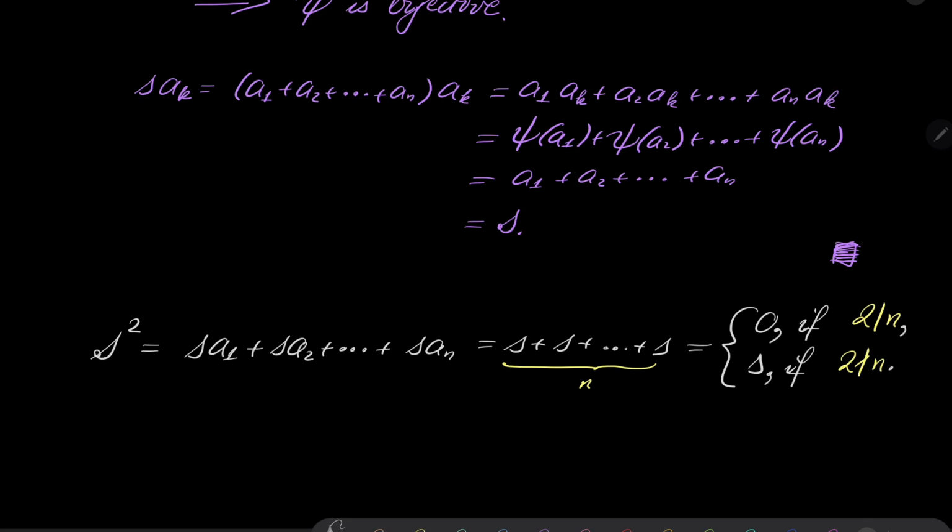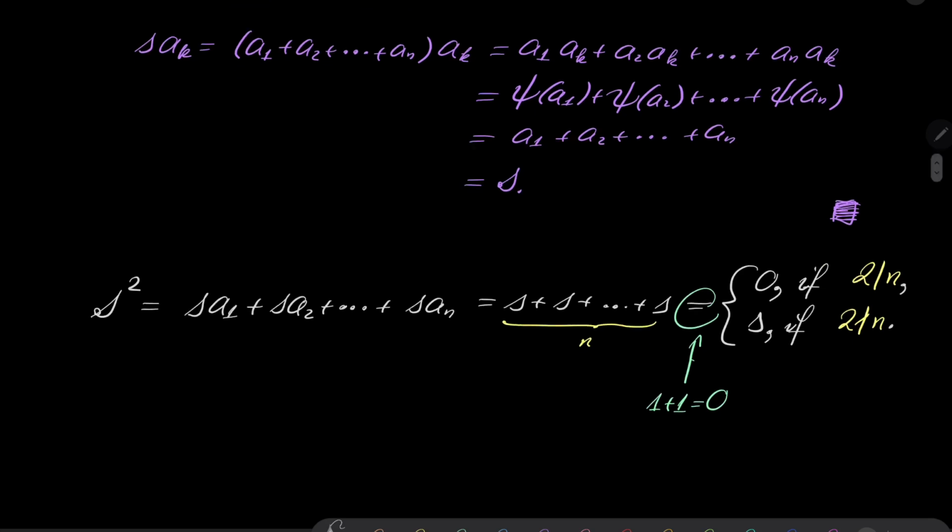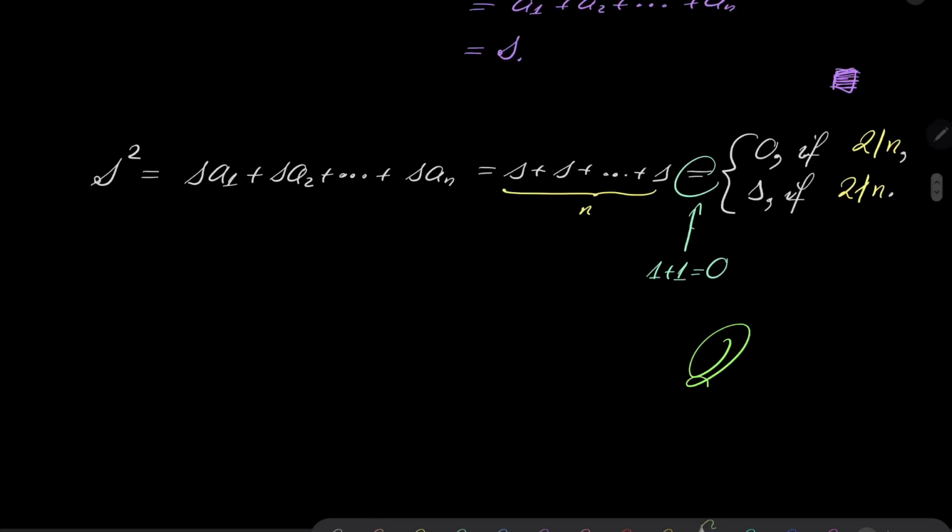Why is that? Well, because here we use the fact that 1 plus 1 is 0 in our ring. So it's exactly what we wanted, because S squared is either 0 or S, and in the first case it was always 0, which concludes the proof.